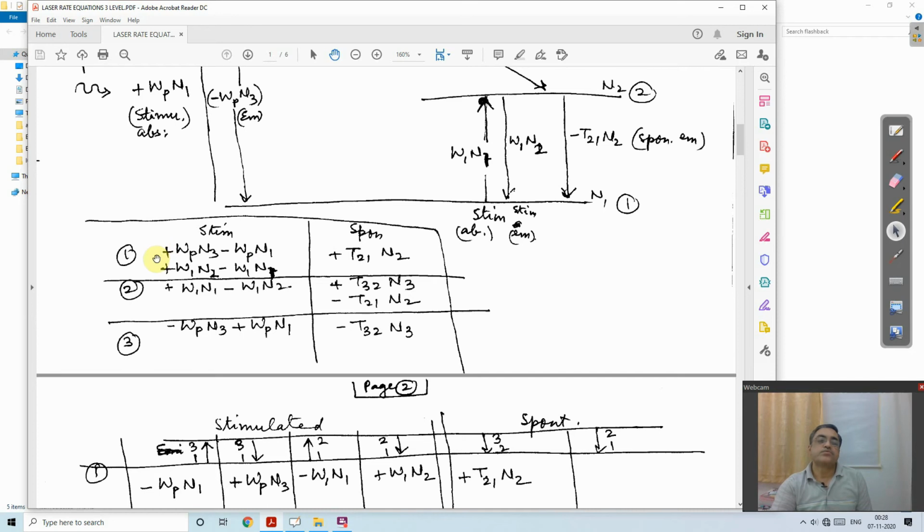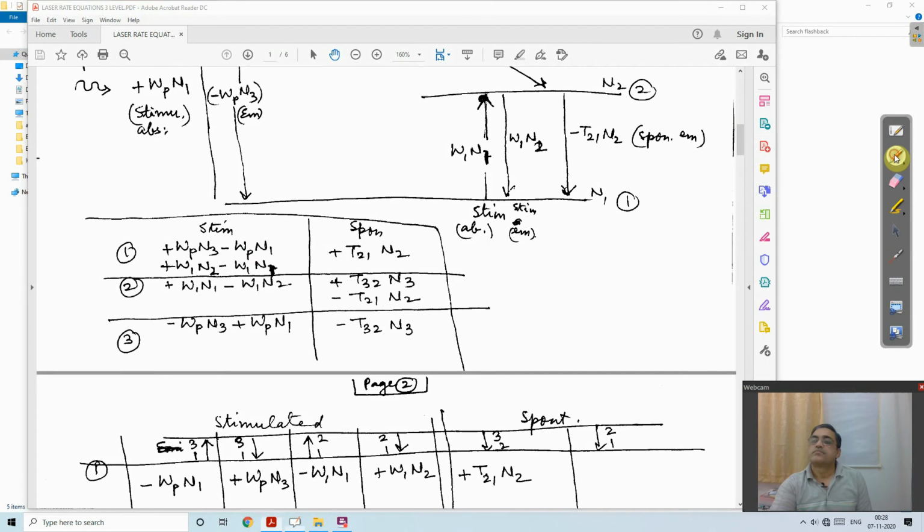You see, first of all, the pump lifts the atoms, then it depletes level 1. So when it is being pumped up, it is being depleted. And when it makes a downward transition, level 1 is being populated.